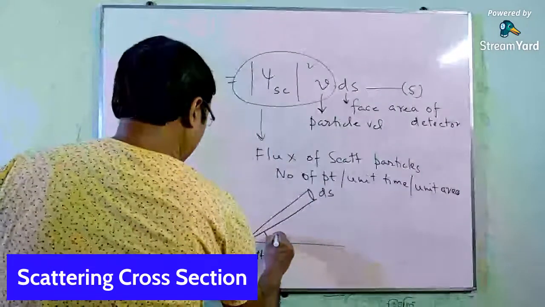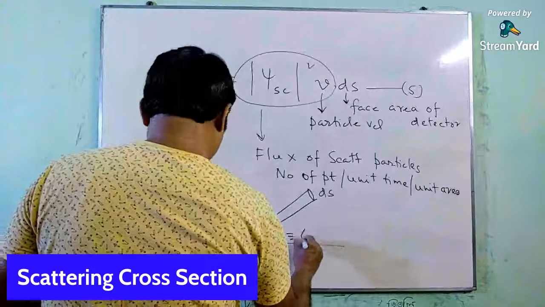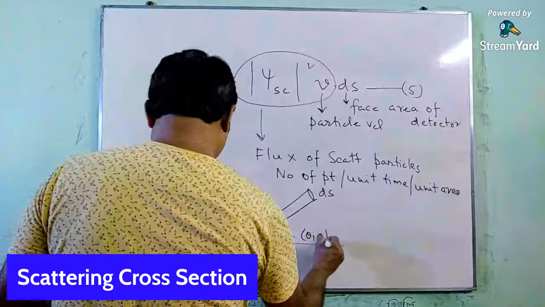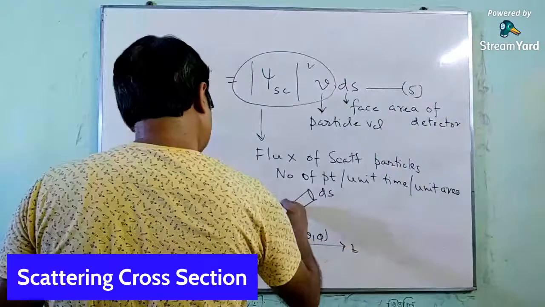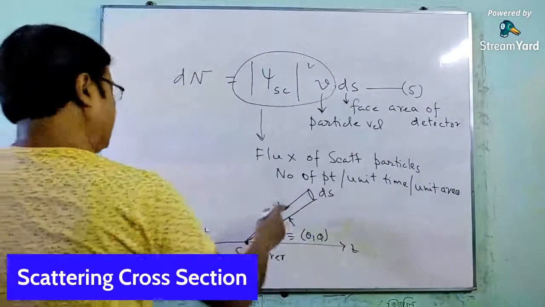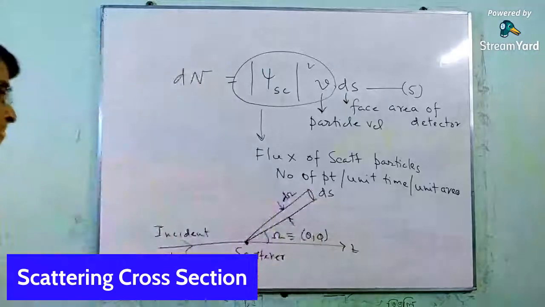This is omega, a function of theta and phi, this is the z direction, and this small angle is d omega.